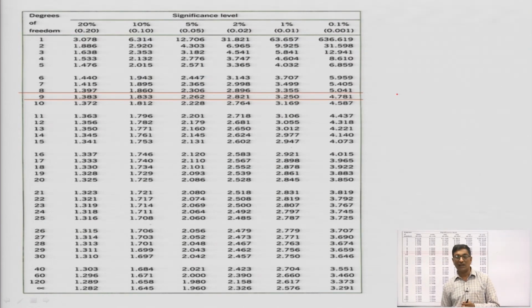Next, this is the t table to find the value of t for 9 degrees of freedom at 1% level. This is the value of t, 3.250.